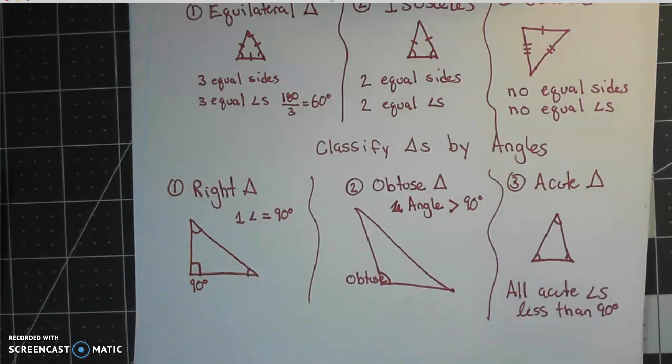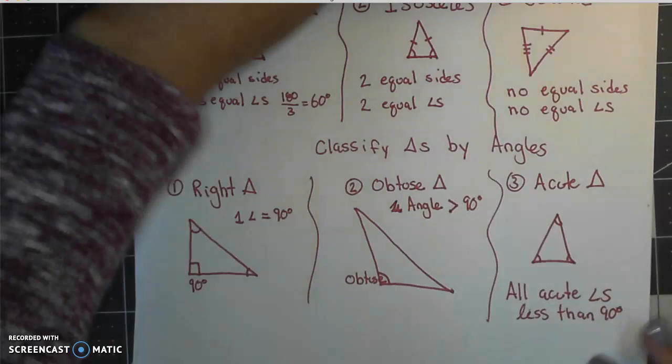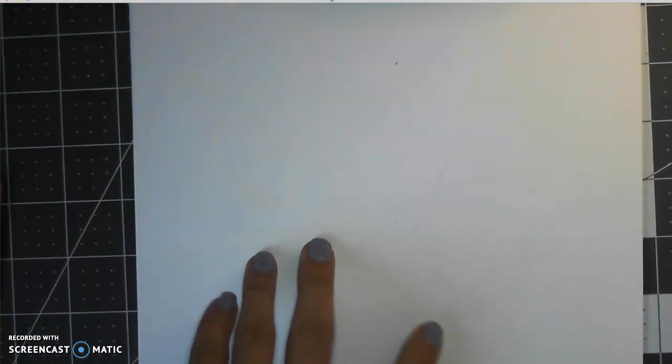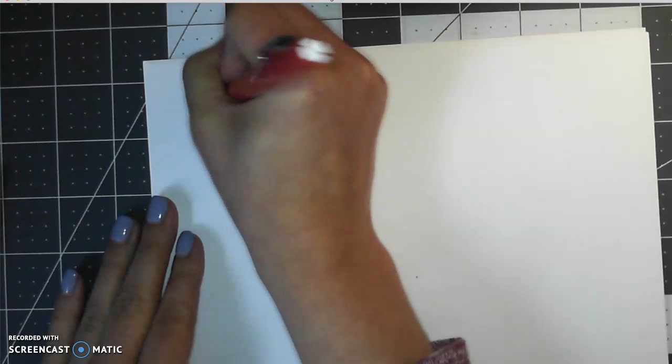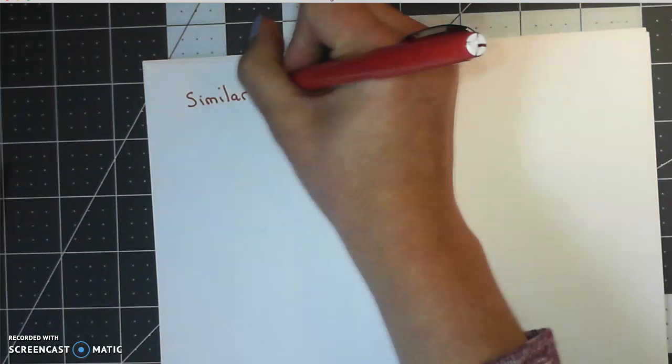All right, hopefully you've done that practice now, because we're going to move on to similar triangles. We talked about similar shapes before we left school. Similar shapes have two criteria.